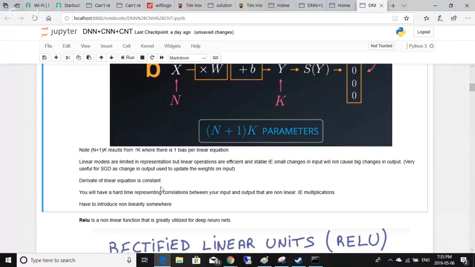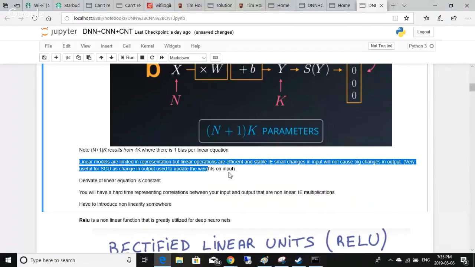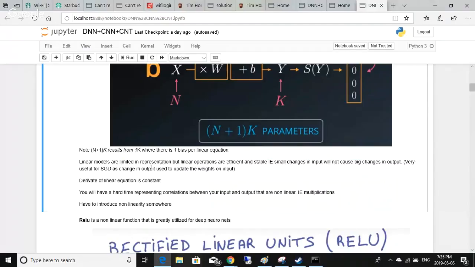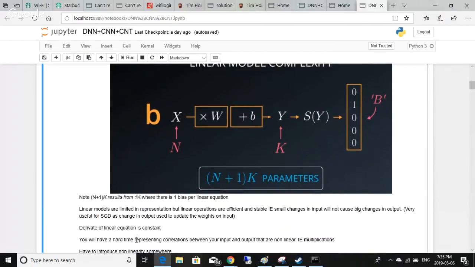There are some nice properties about linear models. They are limited in representation but easier to compute, and very good because a small change in the input will result in a small change in output.